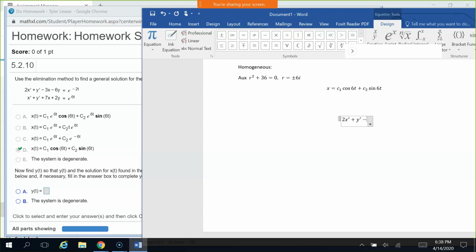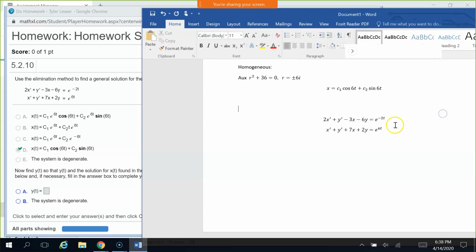I'm just going to copy back the equations. All right, if you have x and you're trying to solve for y, it would be nice if we could get y on one side by itself and only x's on the other side.